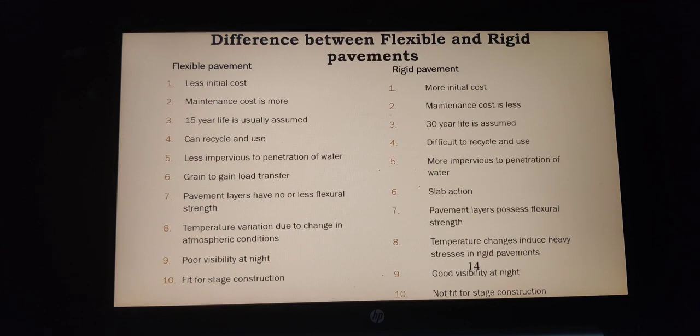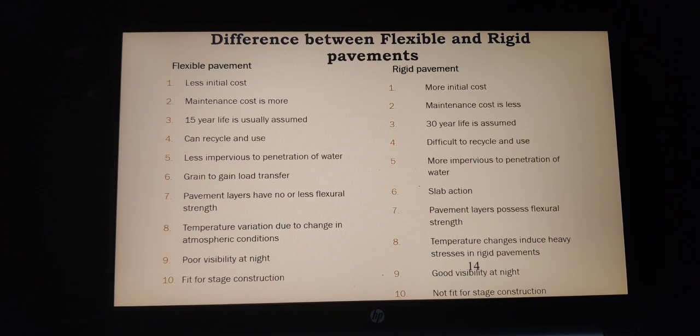And the life: the rigid pavement is assumed to have a 30-year life, and flexible pavement has a life cycle of 15 years. And the material used in flexible pavement can be recycled, and in case of rigid pavement, it is difficult to recycle the material used for construction.